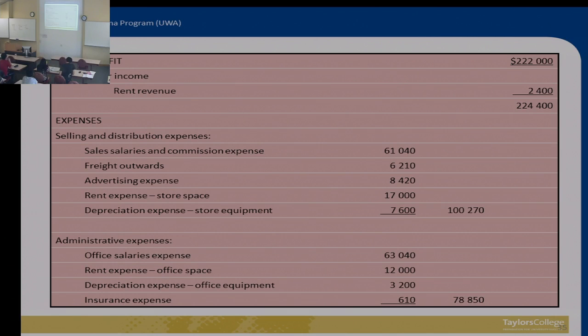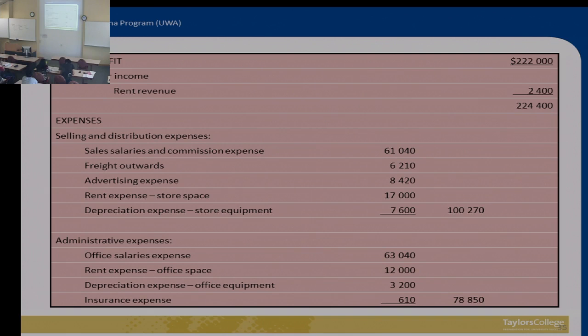So things that are selling and distribution expenses would be salaries to our salespeople, or any commissions that we pay to our salespeople.